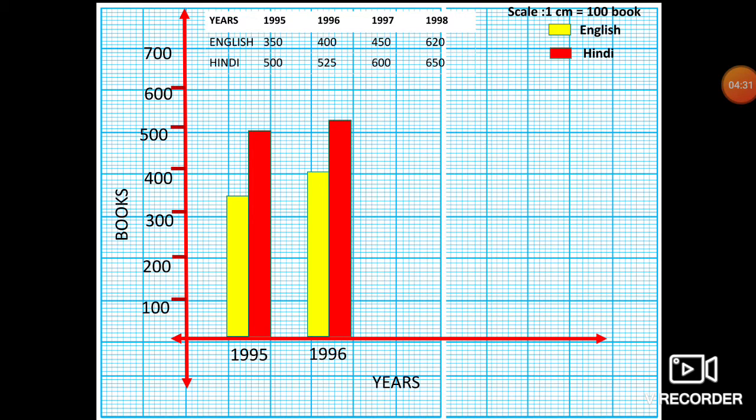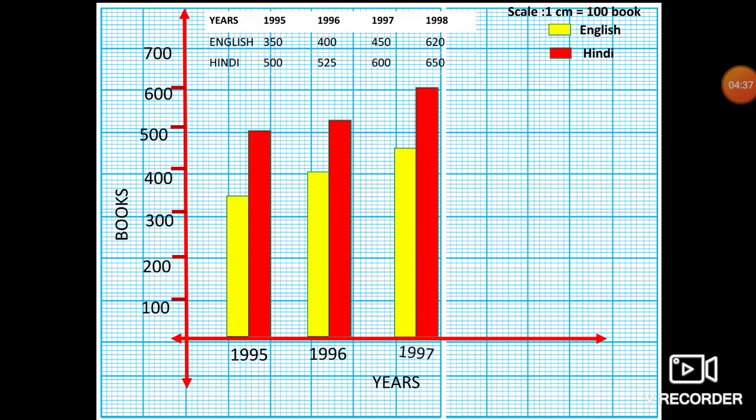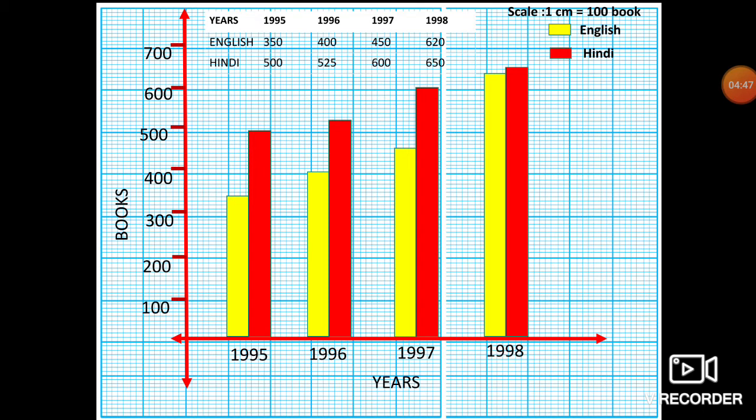Then write 1996. Next 1997, 450 and 600. Then 1998, 620. Above 600, the second line is 620 and 650. This is the method of constructing a double bar graph.